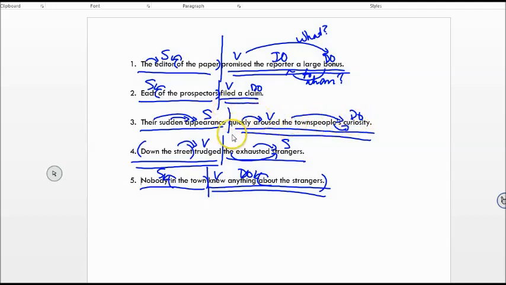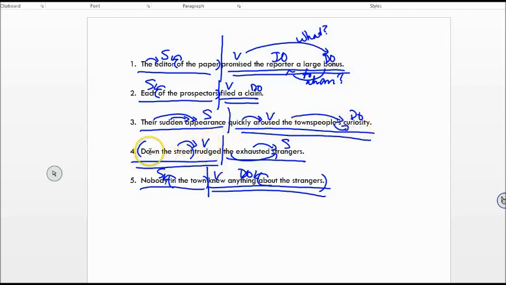We're going to divide it again between the last word attached to our subject, in this case appearance, and the first word that's attached to our predicate or our verb, which is the adverb quickly. That stays with the verb. So we're going to divide our sentence here. Their sudden appearance is your complete subject; quickly aroused the townspeople's curiosity is the complete predicate.